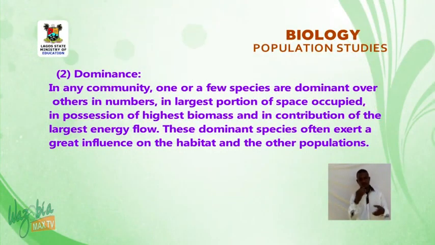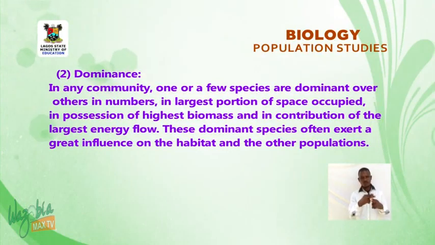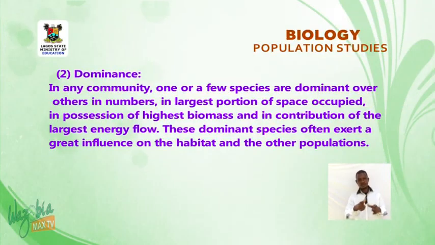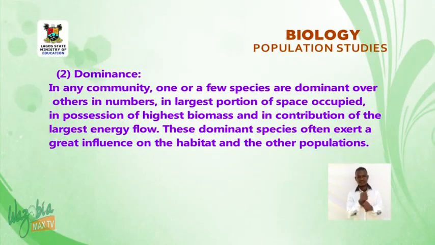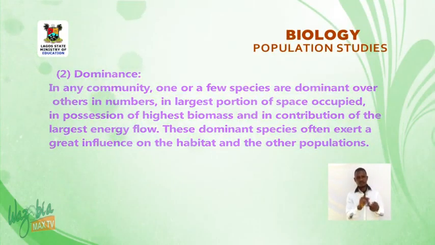In any community, one or a few species are dominant over the others in numbers, in largest portion of space occupied, in possession of highest biomass, and in contribution of the largest energy flow. These dominant species often exert a great influence on the habitat and the other populations.